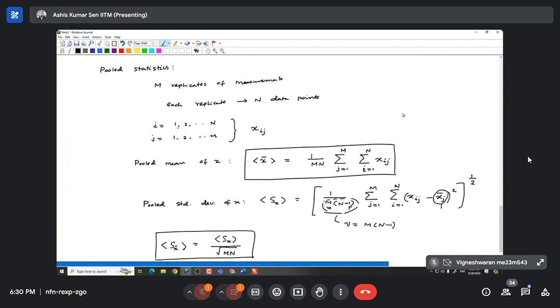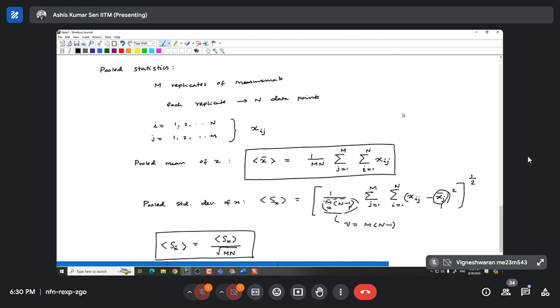But here we are not talking about acceptance and rejection. Here you are saying that all the data points are acceptable according to Chauvenet's criterion, but these are not coming from a single data set. There are multiple data sets, so you have to use pooled statistics.